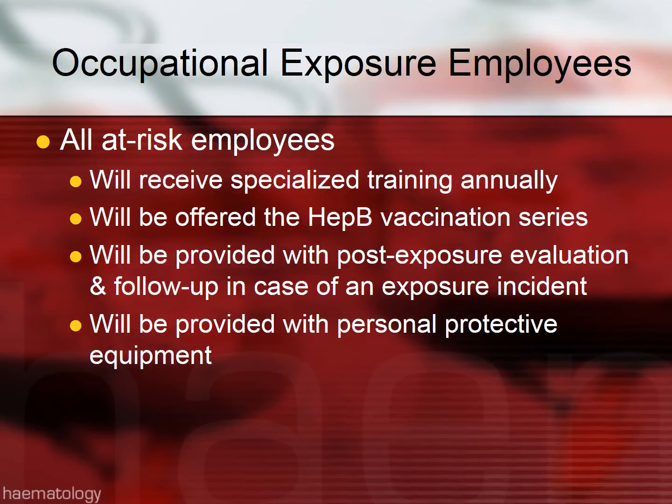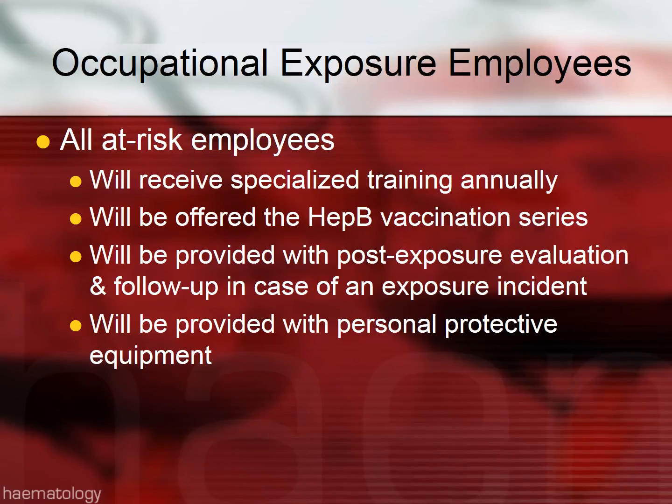So in occupational exposure, this is where you get at all at-risk employees. You do have to make sure, and these are the people that we've listed in our program by job title, that they receive specialized training, and you have to do this on an annual basis. Once again, in our companies, we just went ahead and did it for everyone on an annual basis, and then we did a little bit more specialized training for some of our maintenance workers and supervisors, so they had a little bit more first aid and understanding of exposures and things like that.